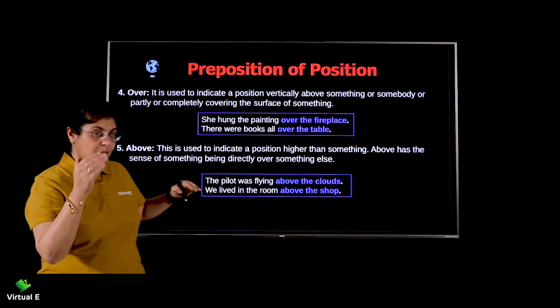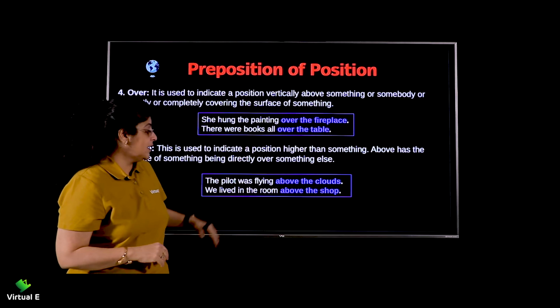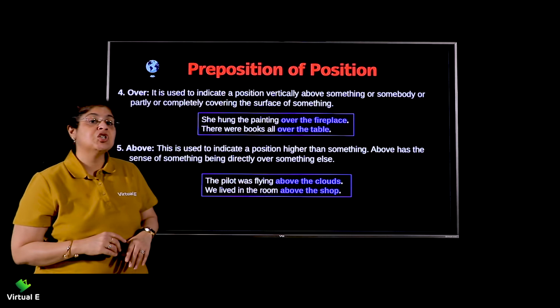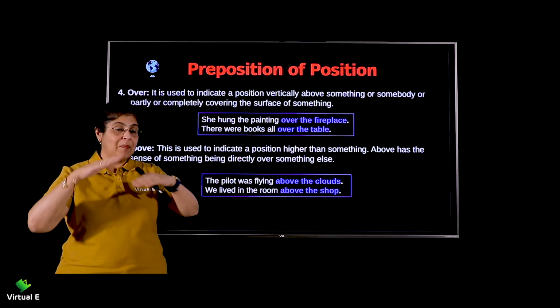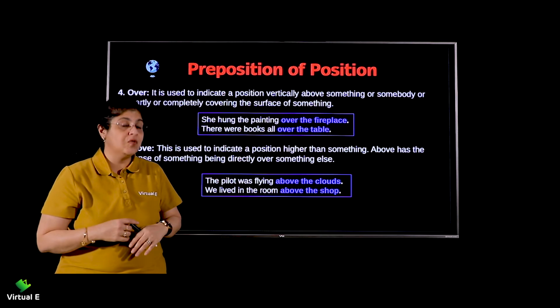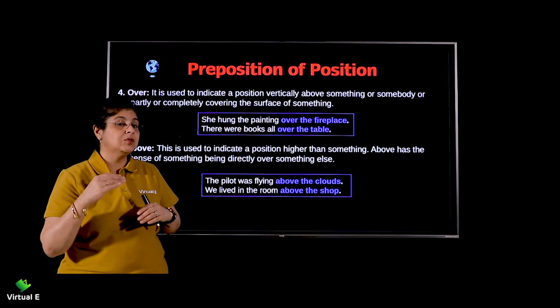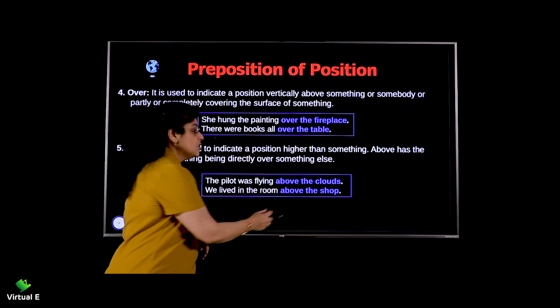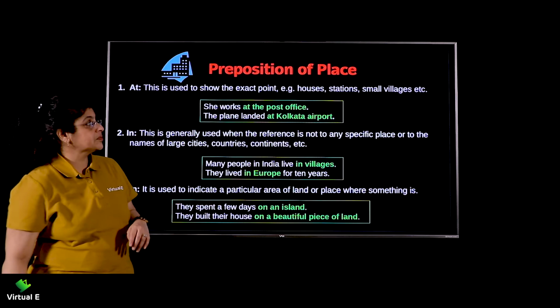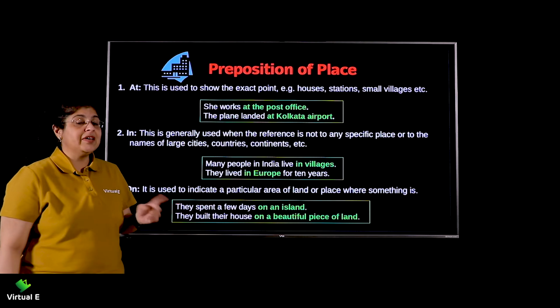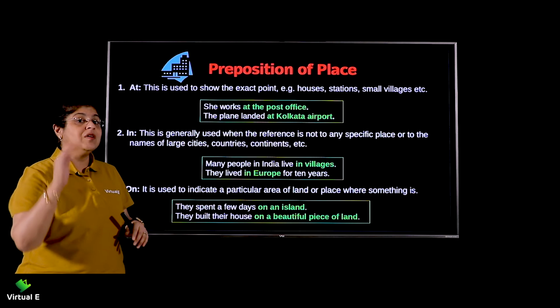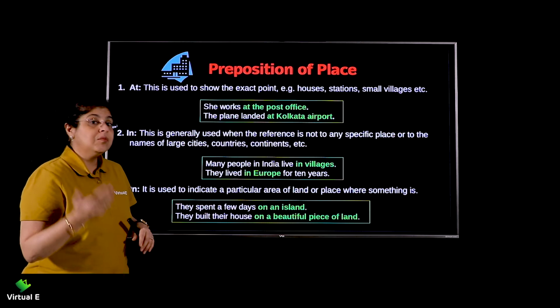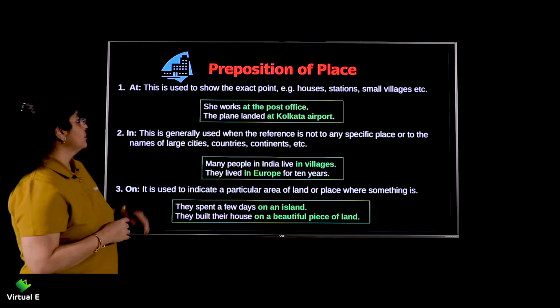We lived in the room above the shop. This was the shop and we lived over there above it, the room which was on top of it. Now above and over, we understood the difference. Over is indicating more of movement as well.